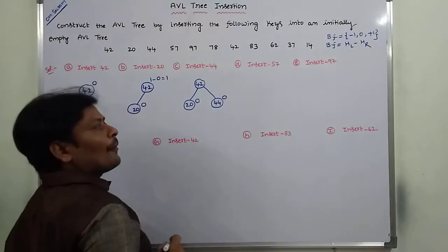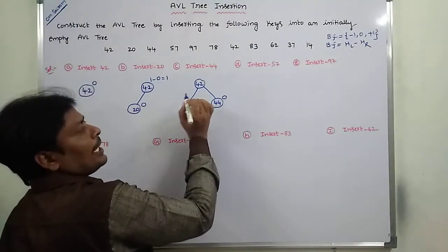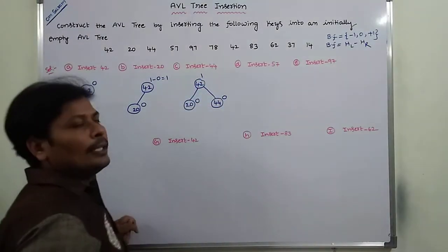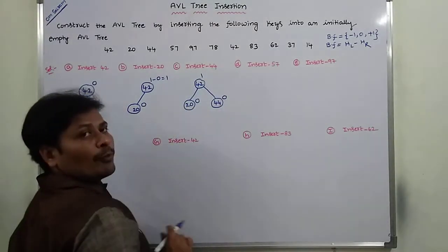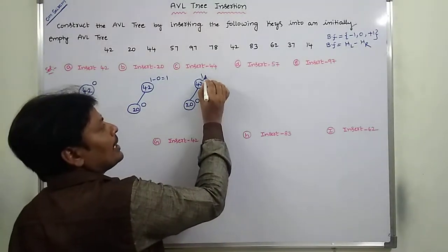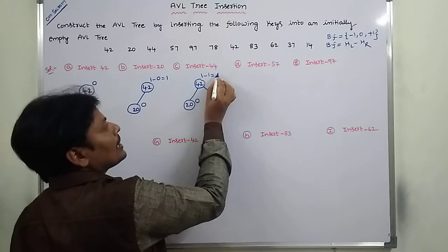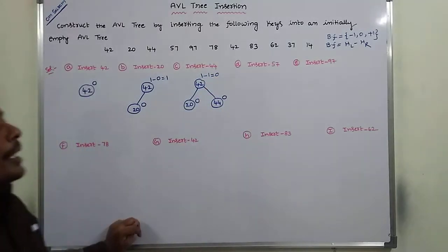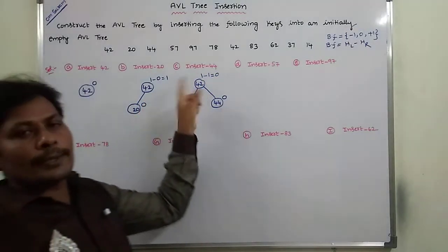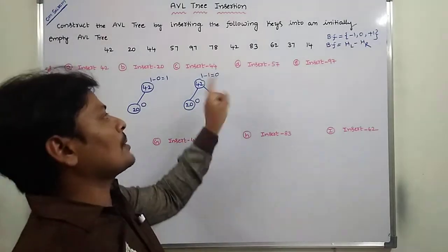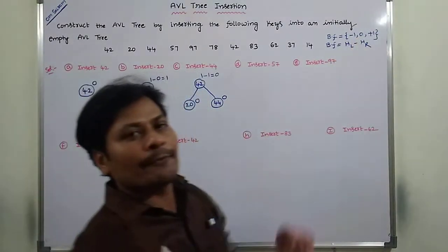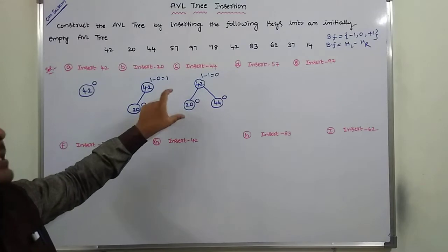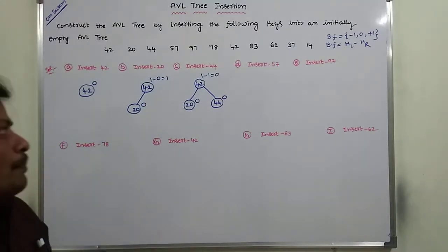Now node 42: height of the left subtree is 1 edge, that is 1. Height of right subtree contains 1 edge, so height of right subtree is also 1. So 1 minus 1 is equal to 0. Now observing the balance factors of the 3 nodes, they are zeros, and 0 is a valid balance factor. So hence we can say that it is an AVL tree.